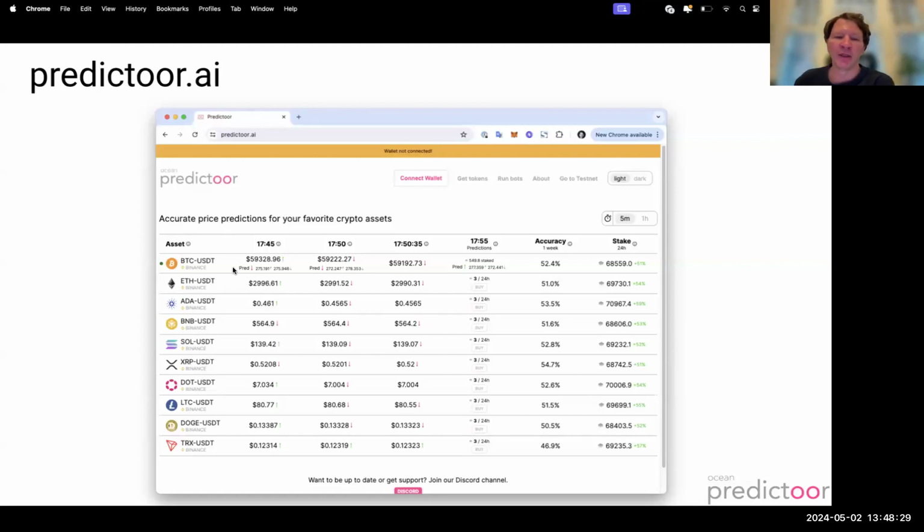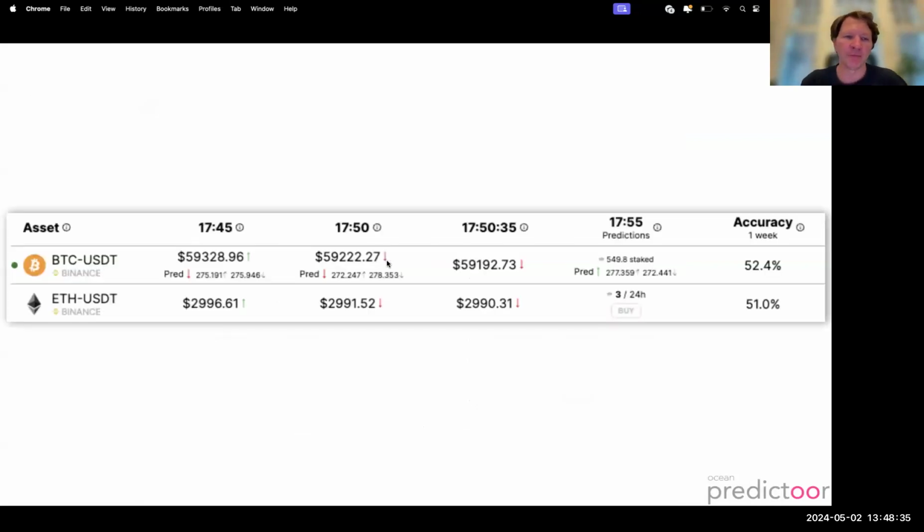And then going to the right, you'll see a bunch of different things. I'm going to zoom in on that for Bitcoin now to give you a feel. So this is what it looks like. In this case, we see that the price of Bitcoin at 5:45 p.m. had been $59,000. This was, I think, a couple of months ago, the screenshot. And it had increased from 5 minutes before that.